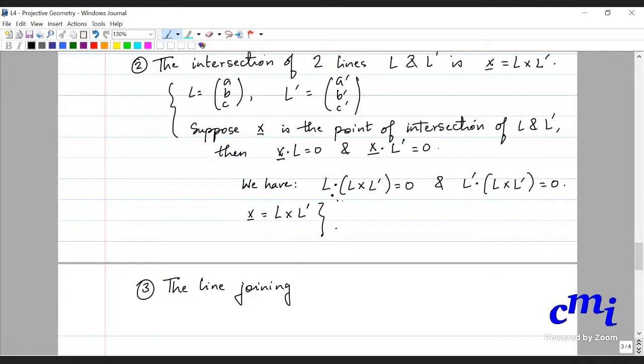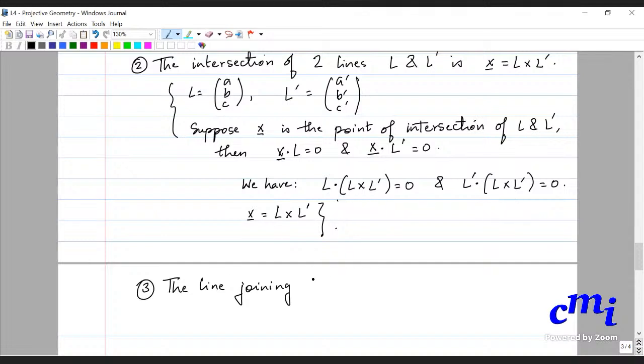Basically, when you do something like this, you will be looking at a matrix, and you have L and L, so 2 rows will be repeated. This is well known. If you have a repetition here, then you get this product to be 0.